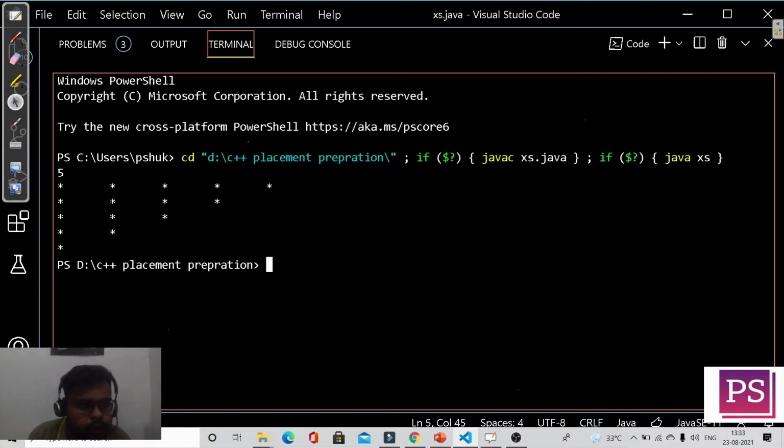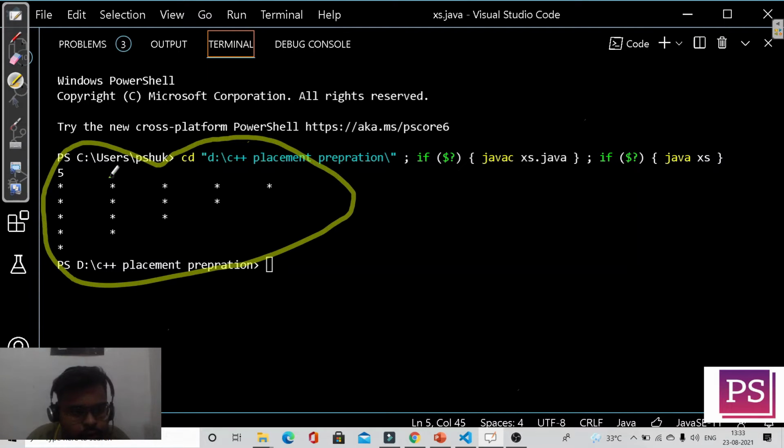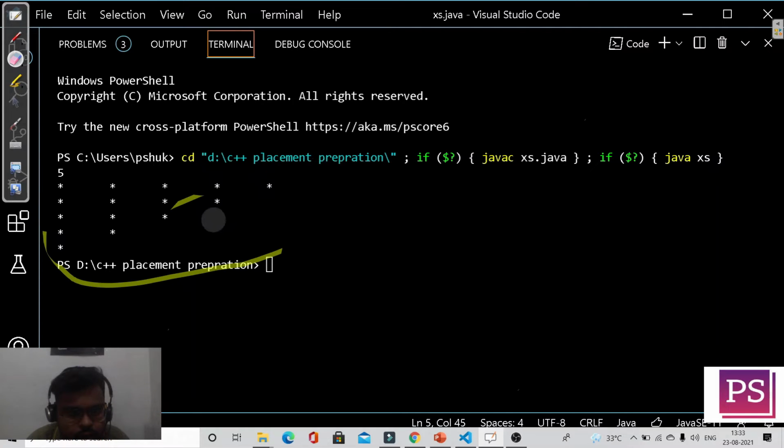Yes, we are getting the same output that we wanted, an inverted right angle triangle. Okay, now let me explain that code one more time, and then we will also talk about the abstraction in that code.